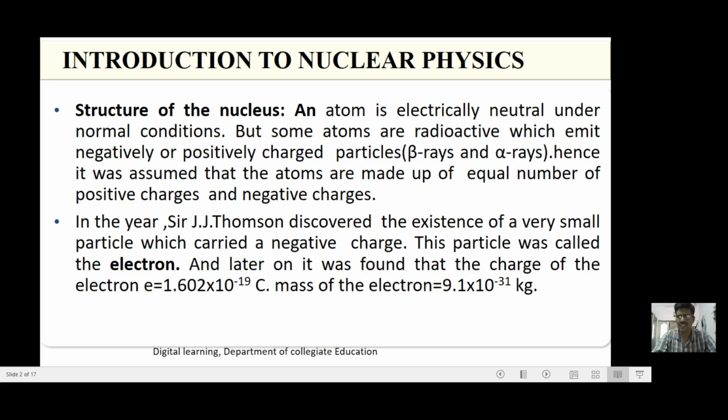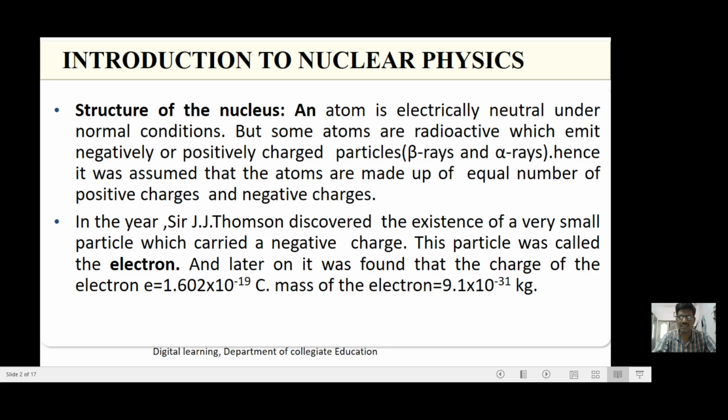An atom is electrically neutral under normal conditions, but some atoms are radioactive, which emit negatively or positively charged particles, beta rays and gamma rays. Hence, it was assumed that atoms are made up of an equal number of positive charges and negative charges.